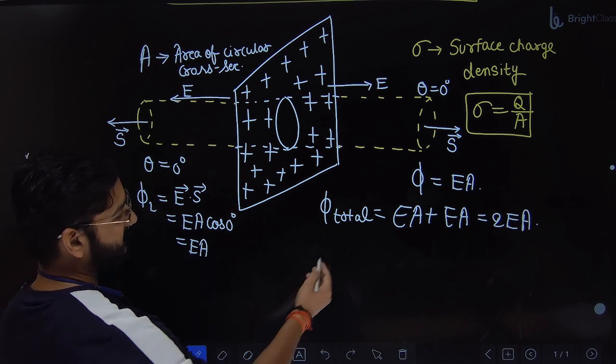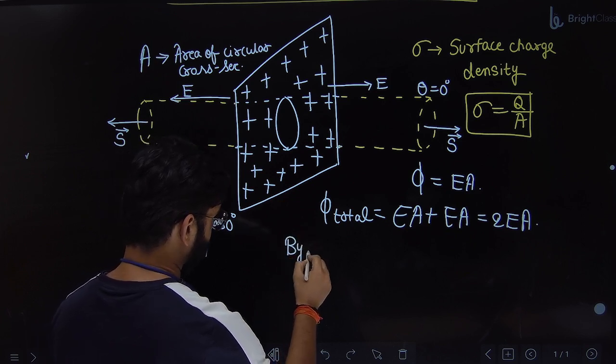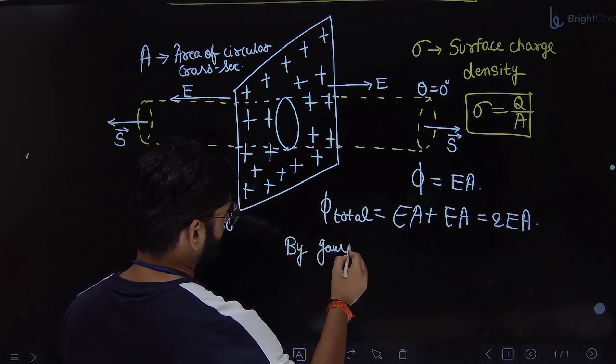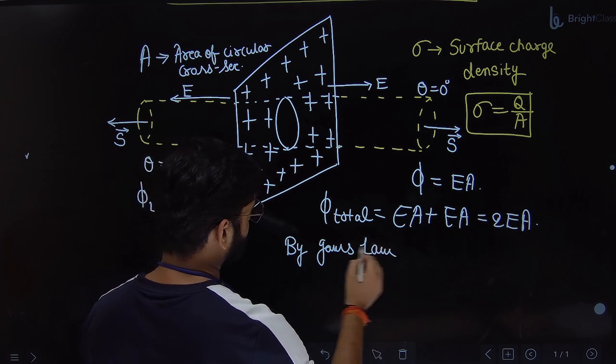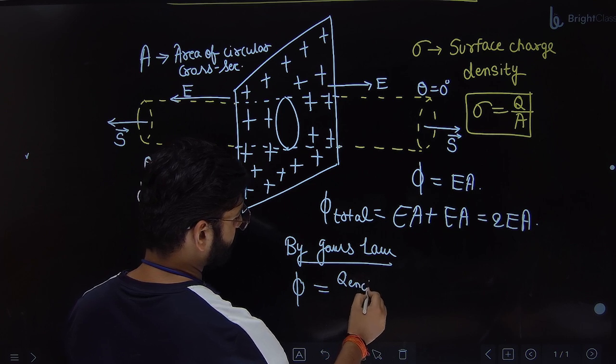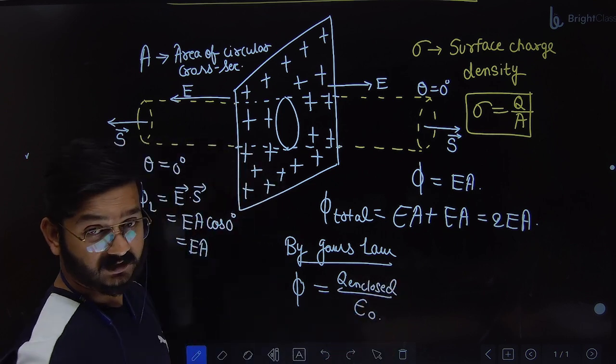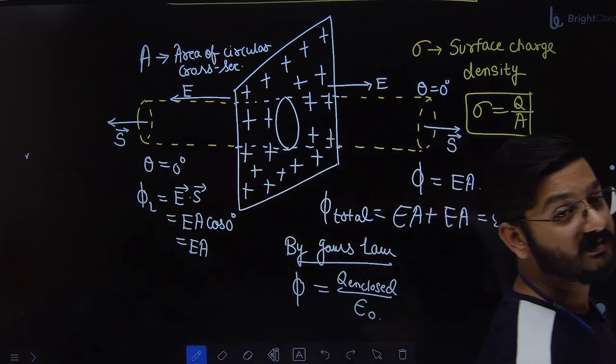Okay, so this is the thing we did. Now, what is Gauss law? Gauss law says that flux is what? Charge enclosed by epsilon naught. Correct? Now, charge enclosed by what?